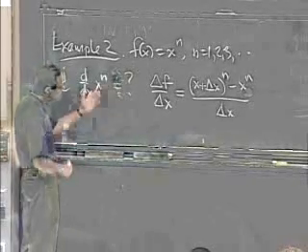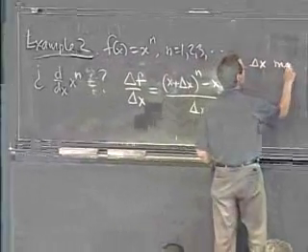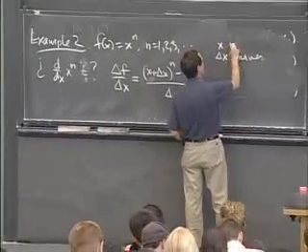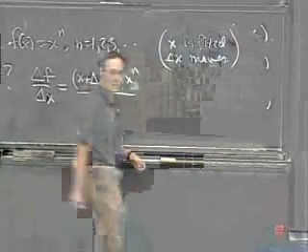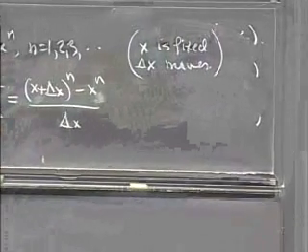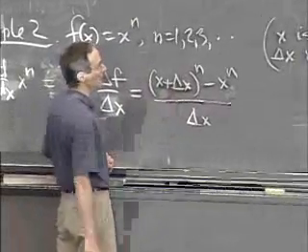Okay, anyway, no zeros. So think of x as fixed. Again, in this case, delta x moves and x is fixed in this calculation.